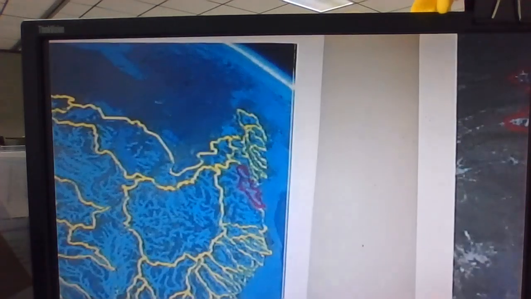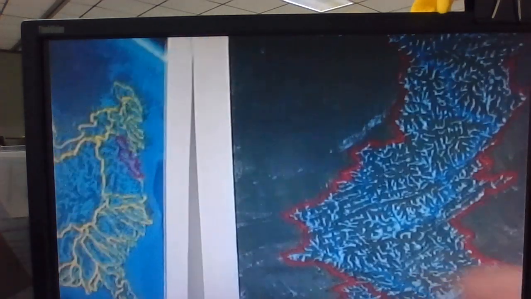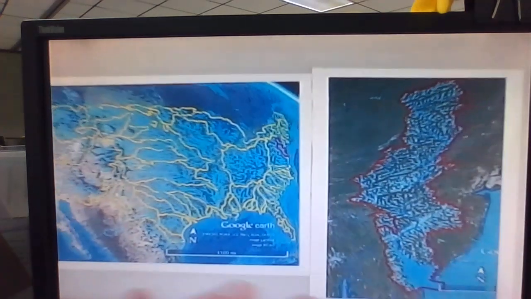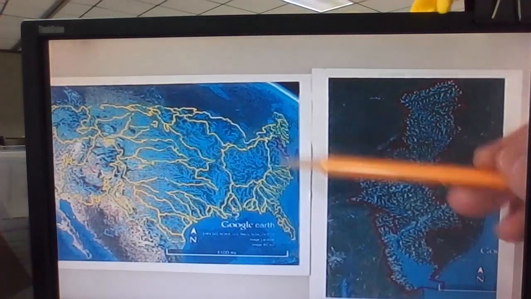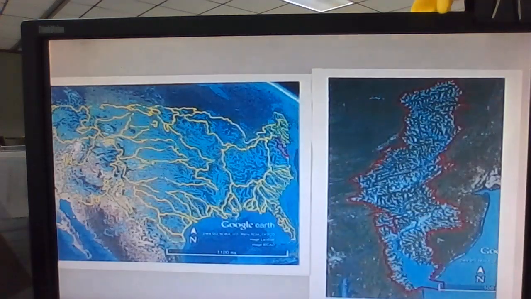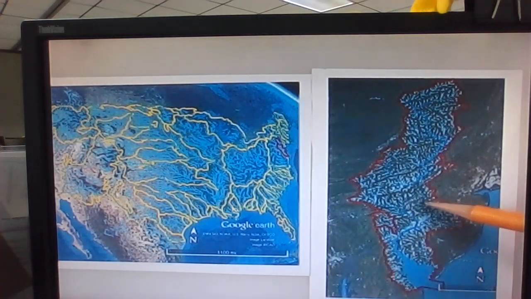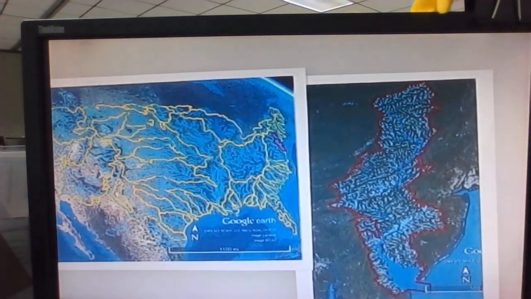You may or may not have noticed that little red area right here happens to be this red area right there. So river system and watershed, they're related to each other. A watershed is fed, or feeds, I should say. A watershed is fed by the rivers. No. All the water that drains off of the watershed goes into the river.